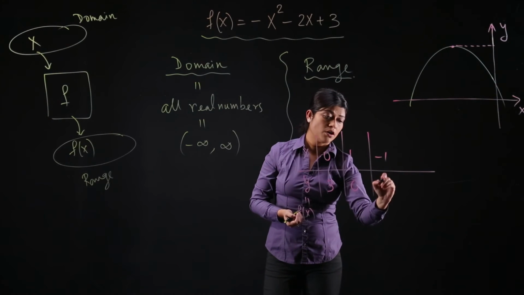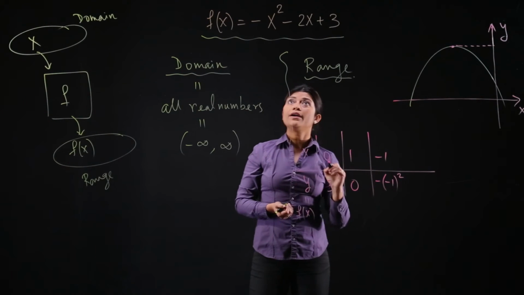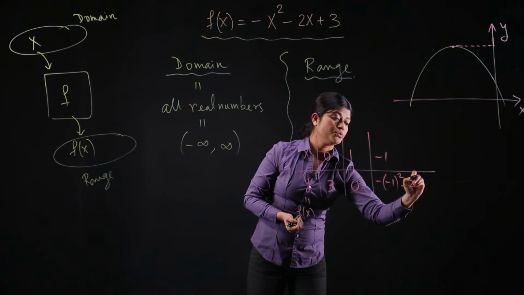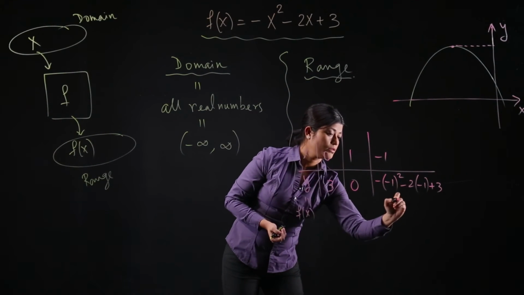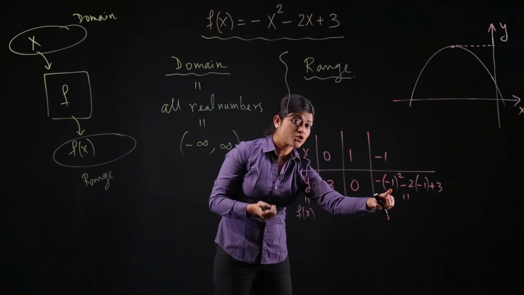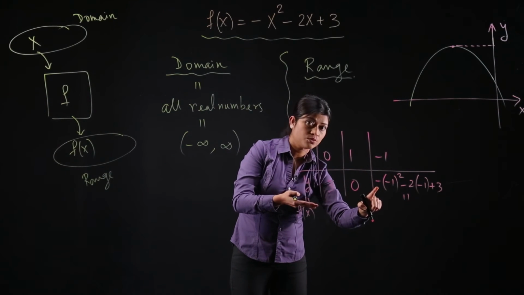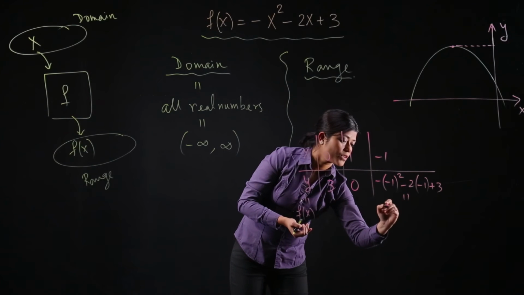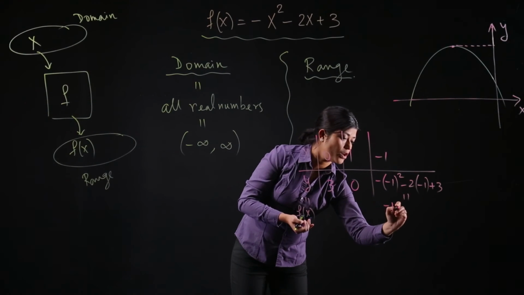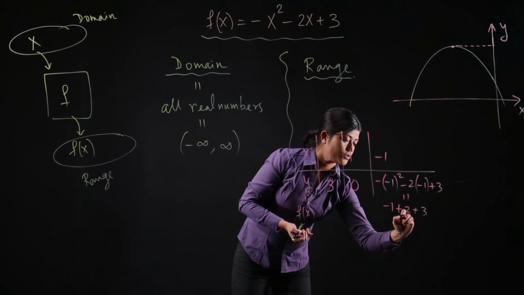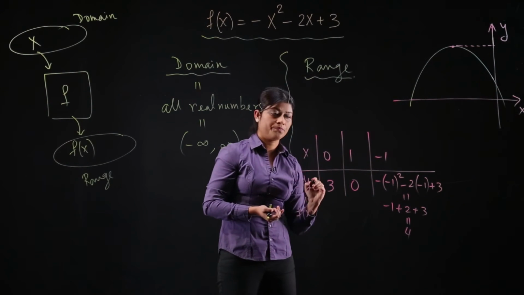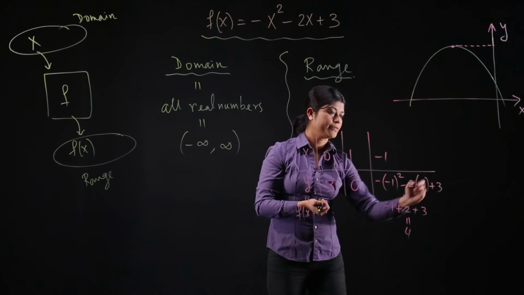We get negative of (-1) squared minus 2 times -1 plus 3. So this is (-1) squared, so still +1 with a negative sign. So you have a -1, this is a +2 and plus 3. So this is 4. Okay, now we're getting higher values, right?